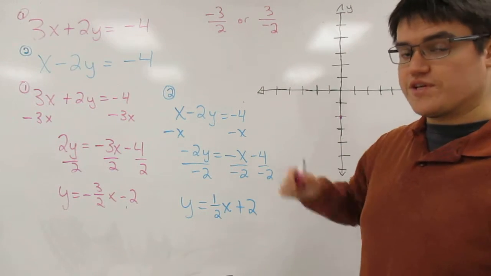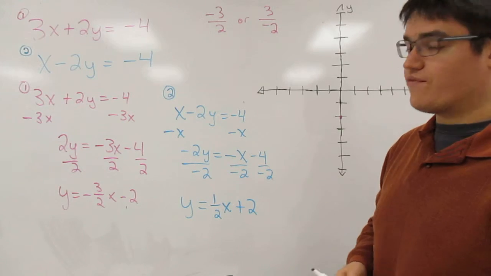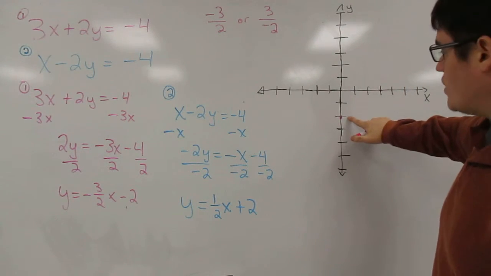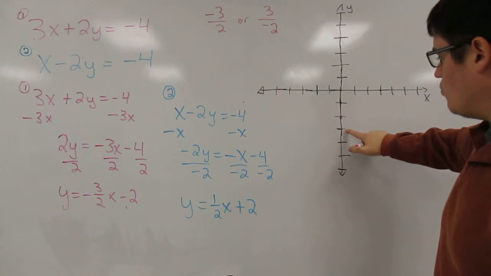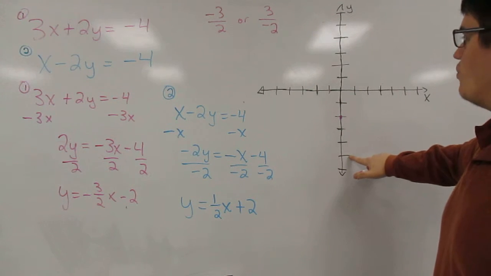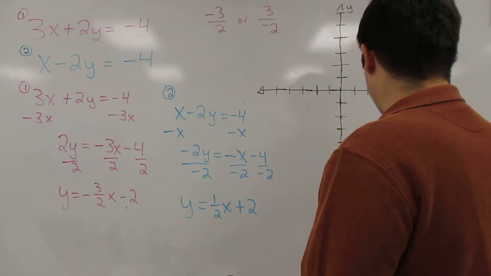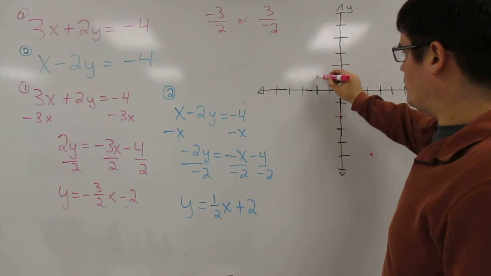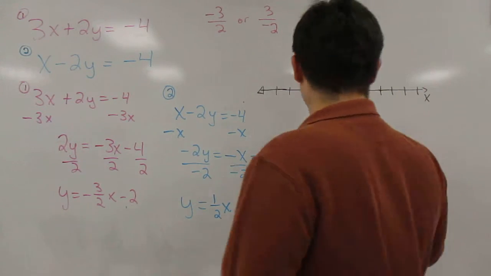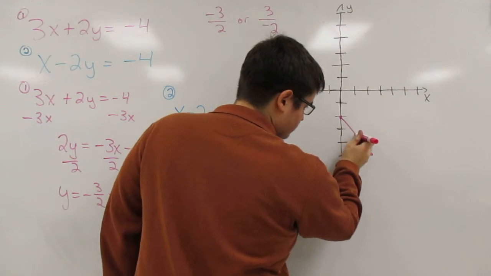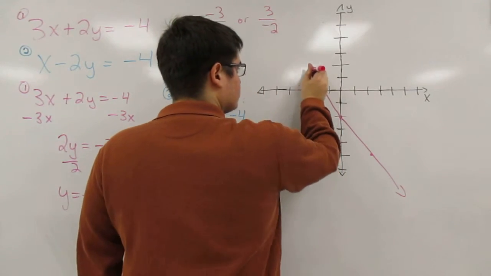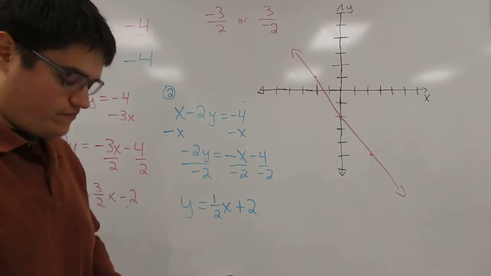And slope is the difference in y over the difference in x. So I'll go with the first one. Difference in y is 3, so go down 3, over 2. And then you can go up 3, over -2. Okay, there's the pink one.